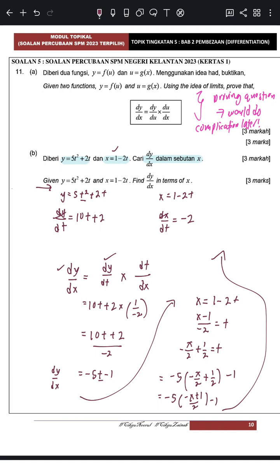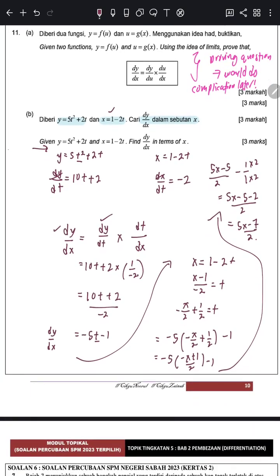If you settle it out, just settle it out like normal. So 5x minus 5 over 2, and minus 1 is actually times 2 over 2, so it will end with negative 7. So 5x minus 7 over 2. This one is the final answer. Hence, I have to write somewhere else.